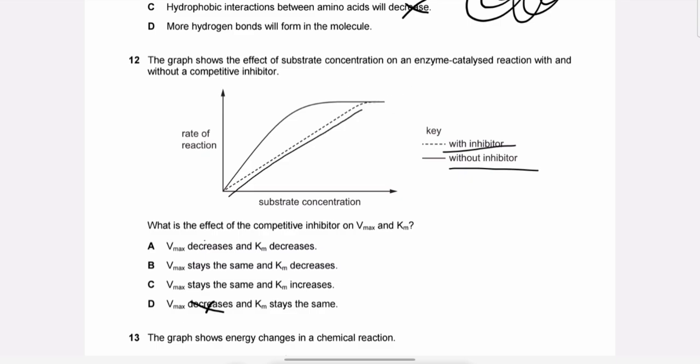We'd rather say the Vmax stays the same, because with inhibitor we get to it, and without the inhibitor we also get to the same Vmax. So it's safe to say the Vmax stays the same. Now let's look at Km. Km is the substrate concentration at which the enzyme performs at half its maximum velocity.